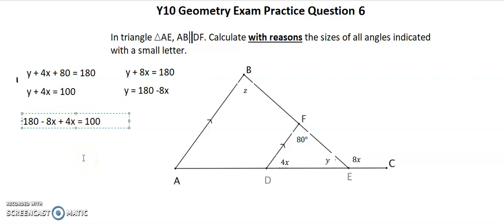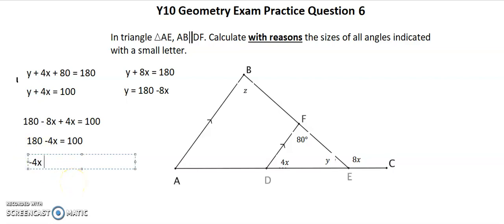So I can then go to the next step here and simplify that a bit more. I can say that negative 8x plus 4x is equal to negative 4x. So that gives me 180 take away 4x is equal to 100. I can then get my constant onto one side, so I take away 180 from both sides.